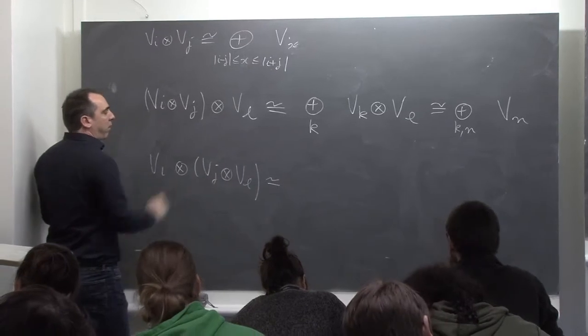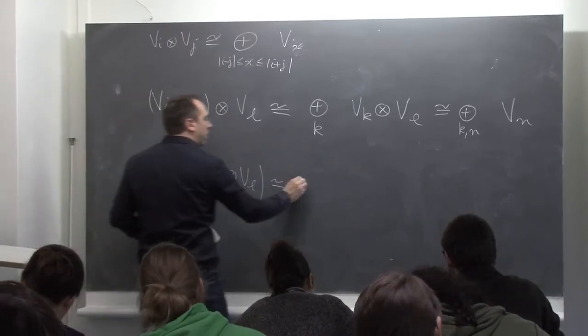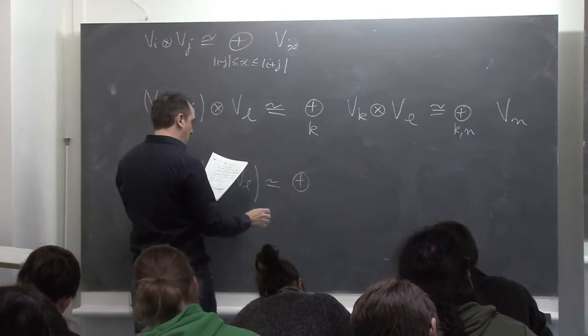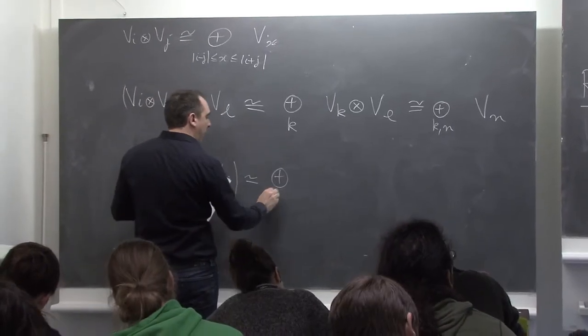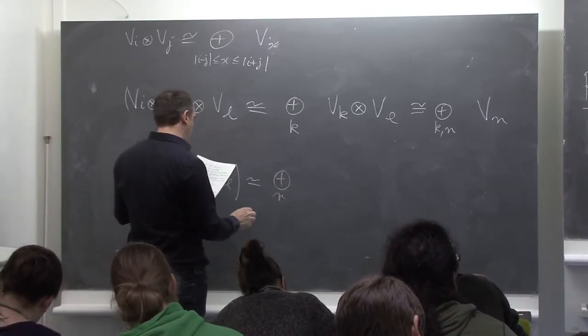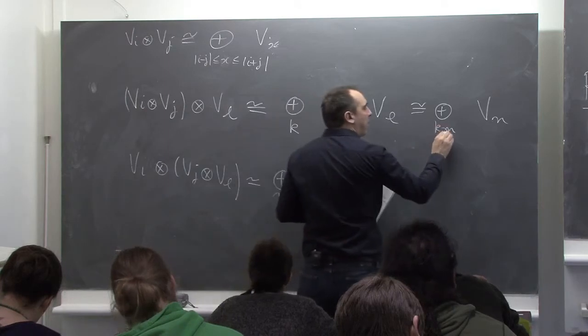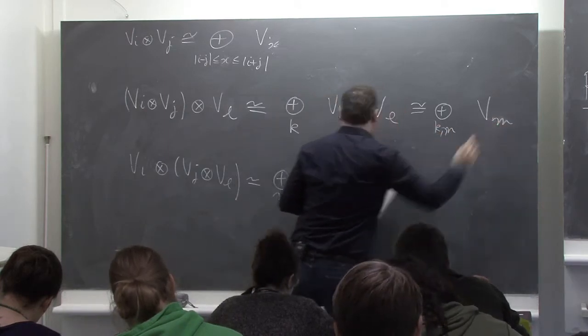But with two other factors. So it is the sum over n. So I will put m here, and here I put n.